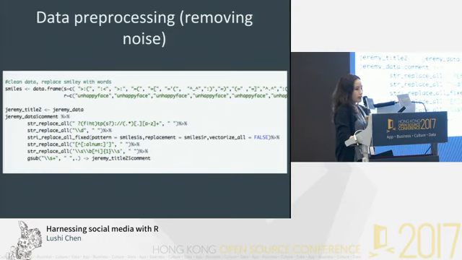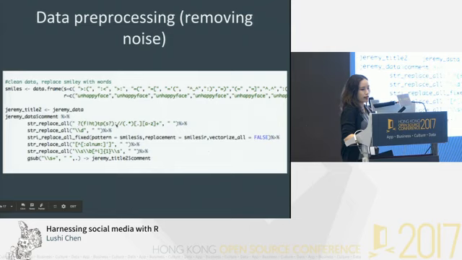Okay, so now I'm going to talk about some very basic baby step data processing with R. We can see a lot of smileys in the text data, and usually the best way to handle them is to replace each smiley with words, because later we will remove the punctuation. So we replace the smiley with actual words, and then we clean the data.